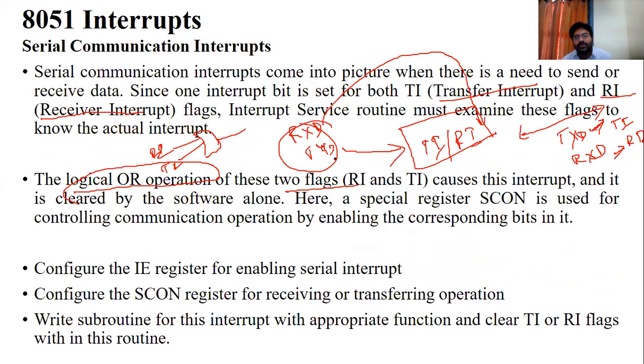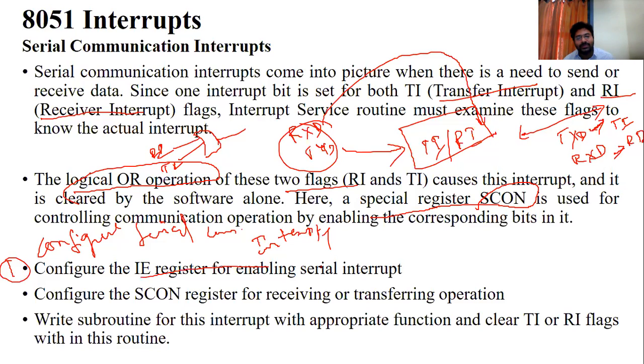Here, for serial communication, we are using a special register called the serial communication register. So how do we configure serial communication interrupts? These are the steps. What is the first step? Configure the IE register for enabling serial.